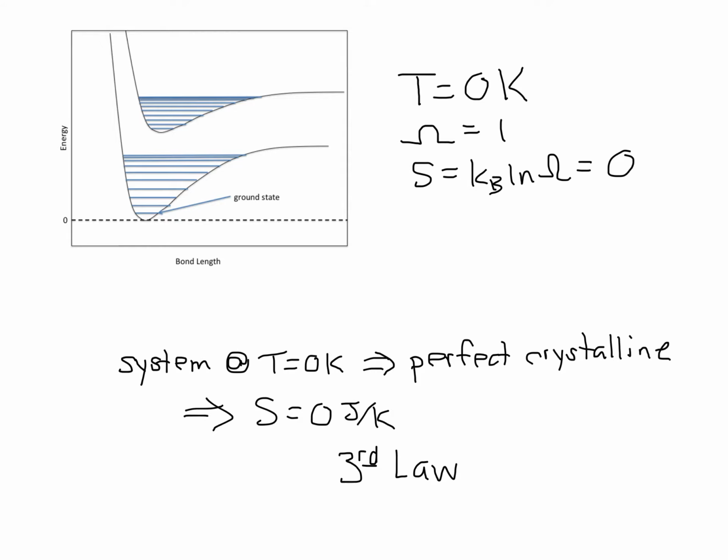Armed with the third law of thermodynamics and our second law definition for how to calculate the entropy, we should be able to calculate the absolute entropy of any system by simply integrating dS from 0 Kelvin to the temperature of interest. We know that the entropy changes with temperature according to the heat capacity divided by temperature.